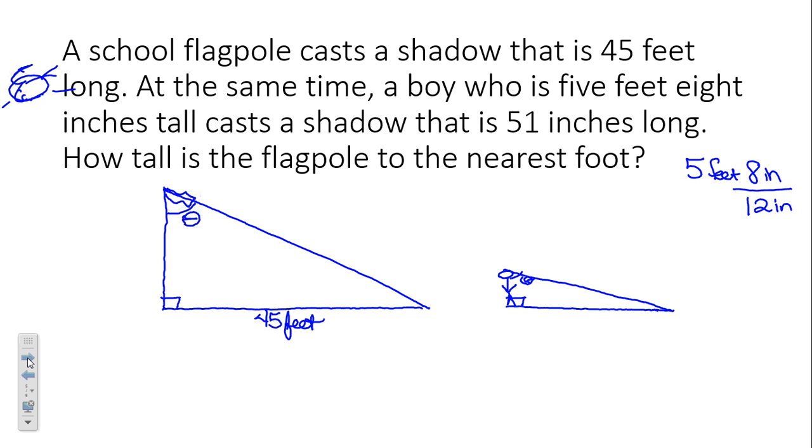What is 8 divided by 12? He's 5 feet 8 inches tall, so this is 5.6 repeating. That's his height. 5 2/3. Okay, everybody got 5 2/3 or 5.6 repeating there? We just took the 8 divided by 12 to see what fractional part of a foot his inches are.